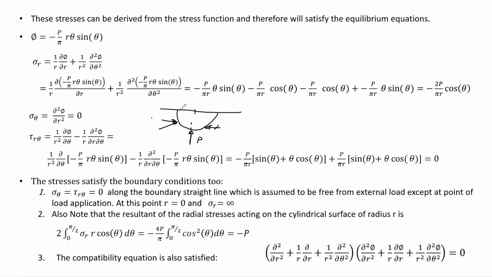So if you integrate the projection along the x-axis from here to here, it should be equal to 0. Of course, because of symmetry, this is obvious, but you can test it. Take this one times sine theta and integrate it in a similar fashion. You'll see that it's equal to 0. So we are satisfying the boundary condition. We are satisfying the elasticity equation. So that is the solution we have.